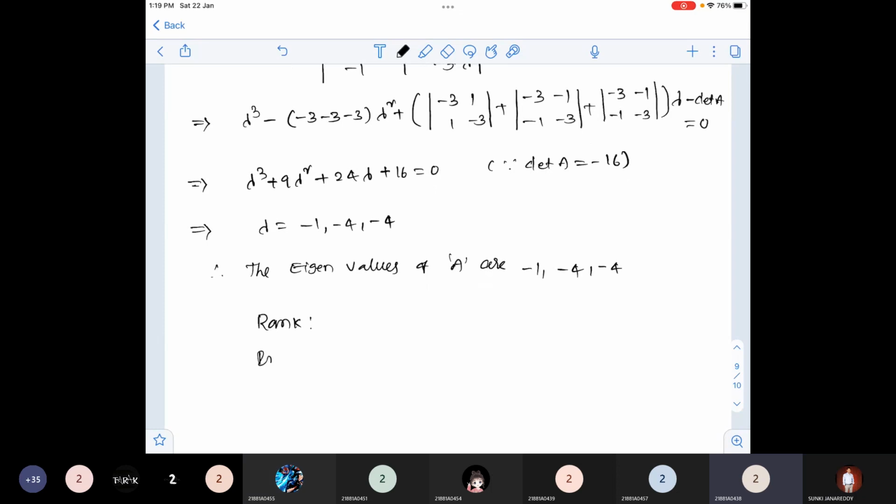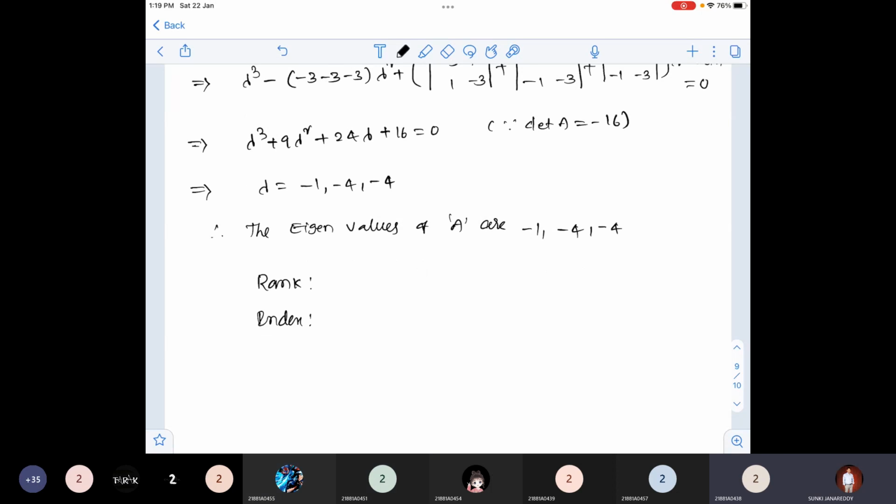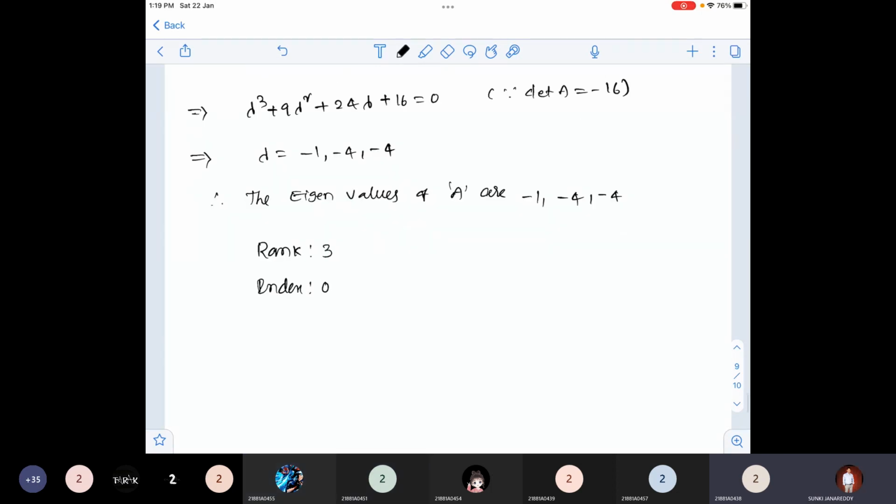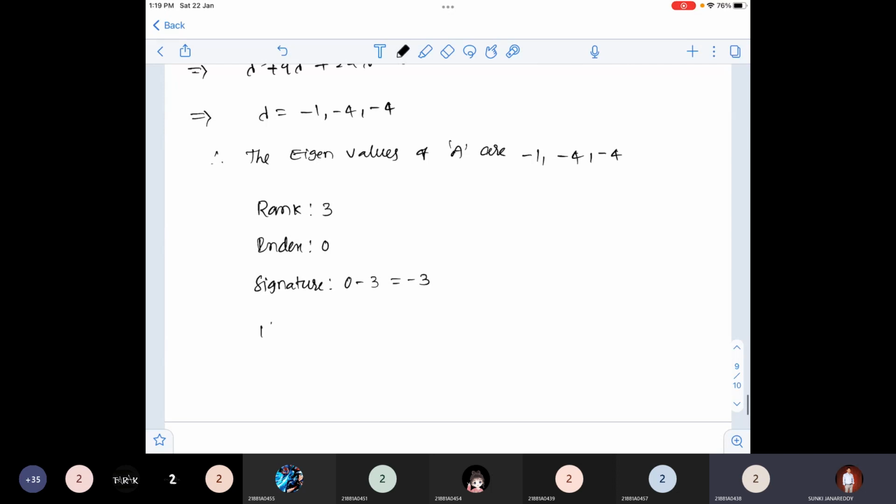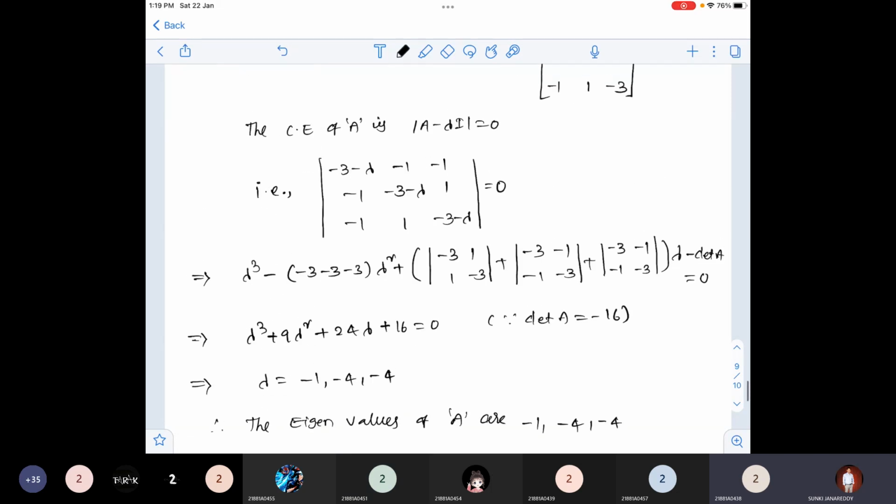Index is 0, there are no positive values. Signature is 0 minus 3, that is equal to minus 3. Next, nature: negative definite.